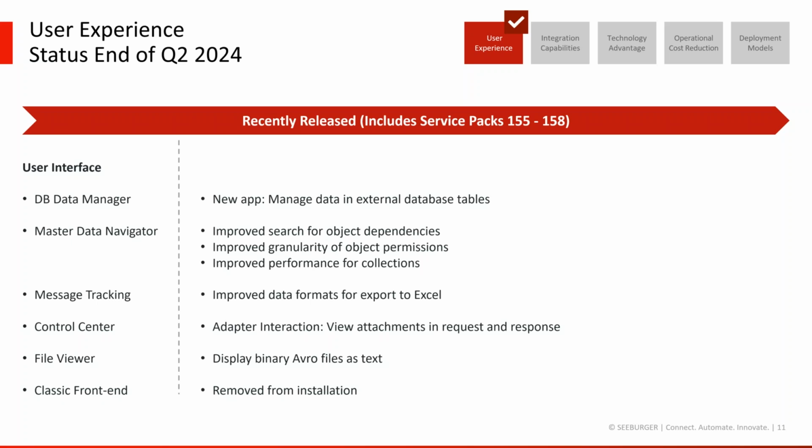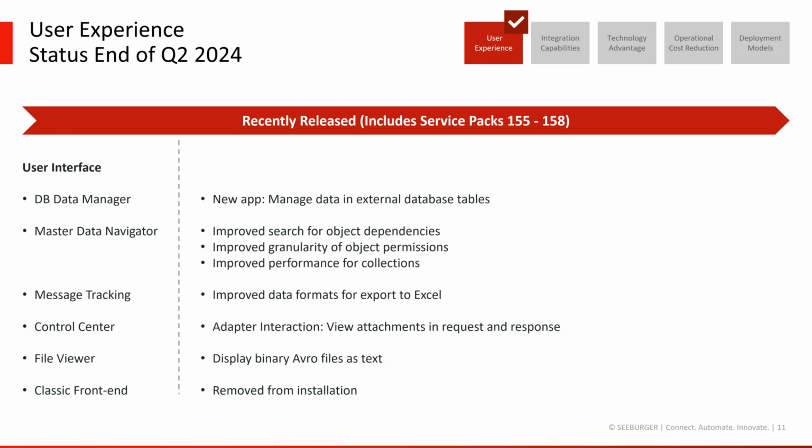In the area of the master data navigator, we're again making improvements. Here specifically, we've improved the search for object dependencies to make it easier to identify links between different master data objects and include further object types in the dependency search.